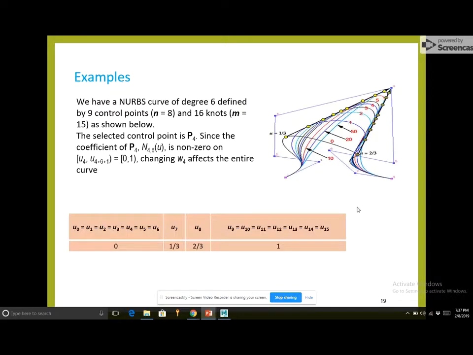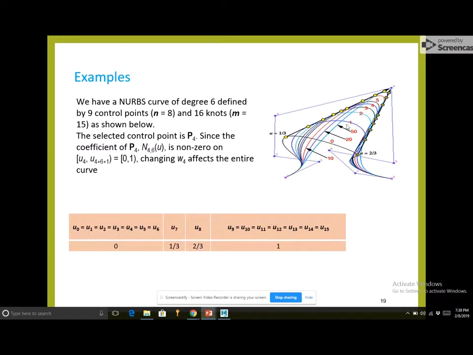Let us look at another example. Here we have a NURBS curve with degree 6 and 9 control points, that is from 0 to 8, and the selected point here is P4. So when we change the weight at P4, that is when we change W4, the curve is going to be affected.